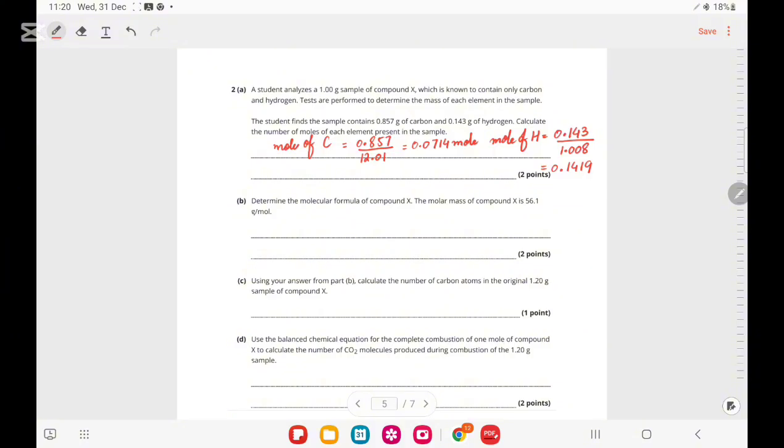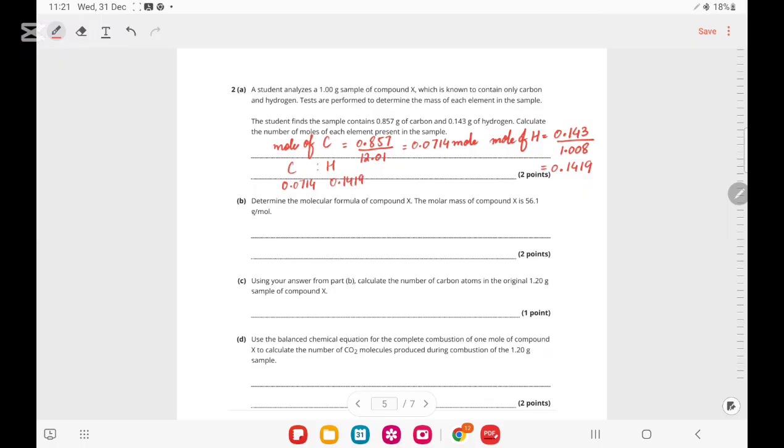So we have to determine the molecular formula of compound X, and for that purpose what we need to do, first we need to find the empirical formula. There is carbon, there is hydrogen. Carbon moles are 0.0714 and hydrogen is 0.1419.